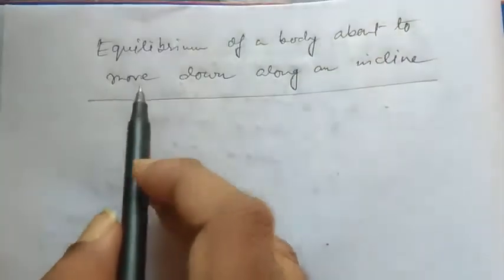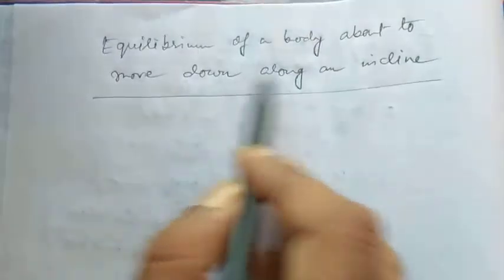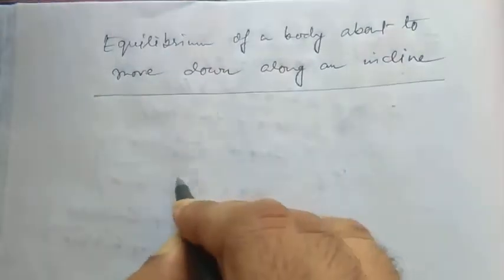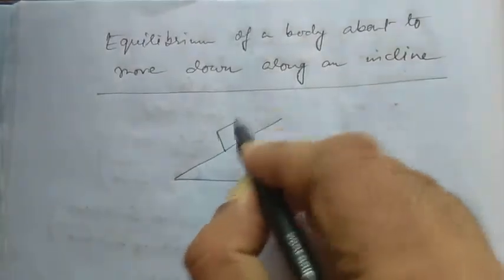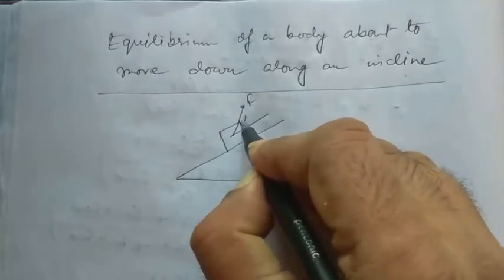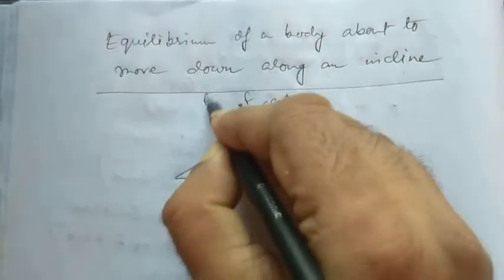Now we are going to discuss the equilibrium of a body about to move down along an incline. Same diagram, F acting at an angle alpha, so F cos alpha, F sin alpha.